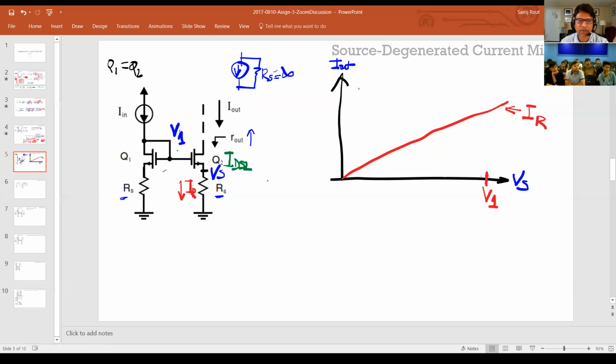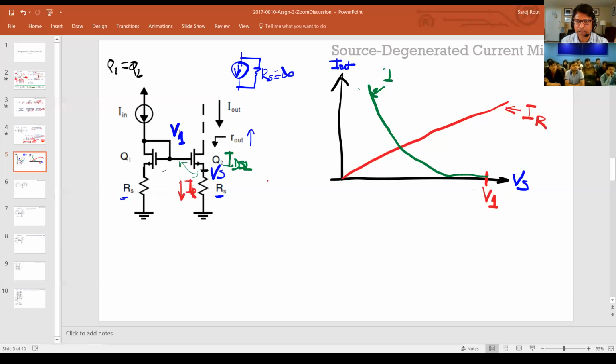And as Vs gets close to V1, that means the gate to source voltage is actually turning to 0. So as we get closer, it actually gets to 0, and it will turn off. So this V1 minus Vs needs to be at least Vt before the current starts going up. So this is kind of the reverse plot of what we do, VGS versus IDS, right? Because we are subtracting a voltage. So till Vtn, it will remain 0, and then it will start increasing, right?